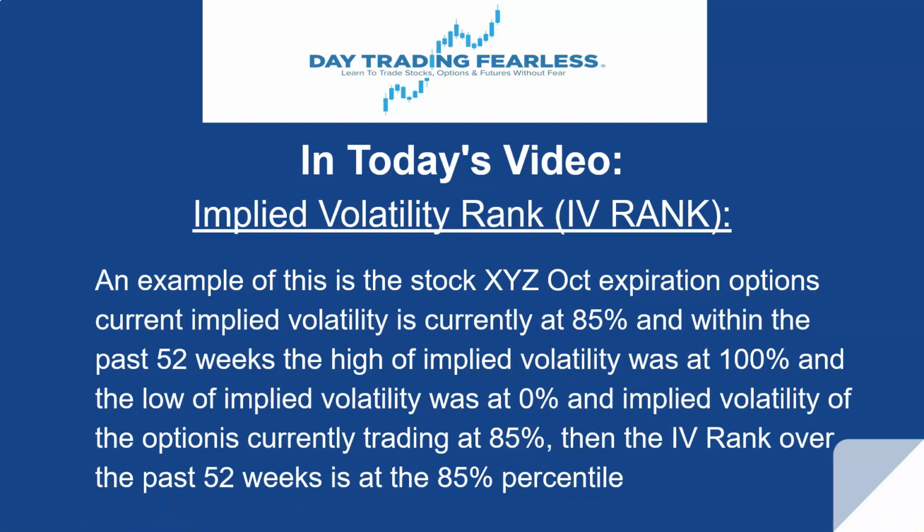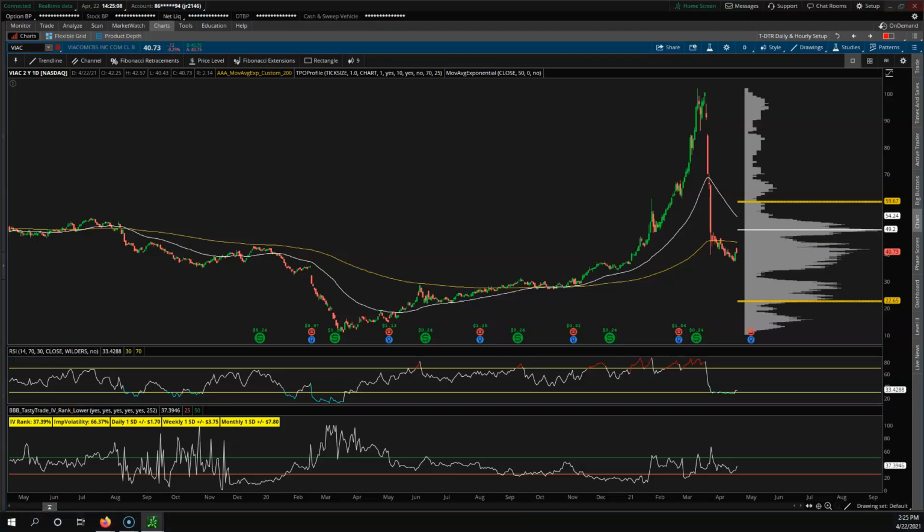So let's take a look at what this is real quick, okay? So down here is IV rank, right? So we're looking at Viacom still. Viacom had a big drop, right? And we could see that as we start to move up, we actually saw IV rank move higher, right?